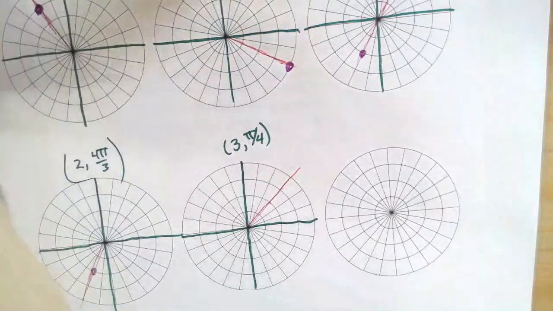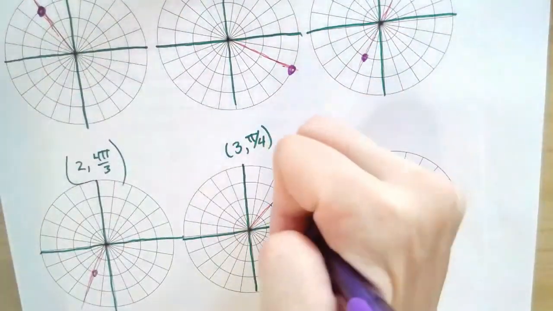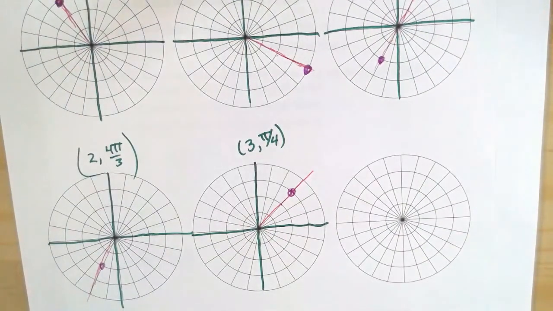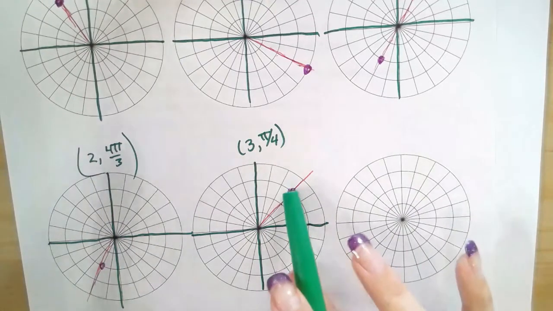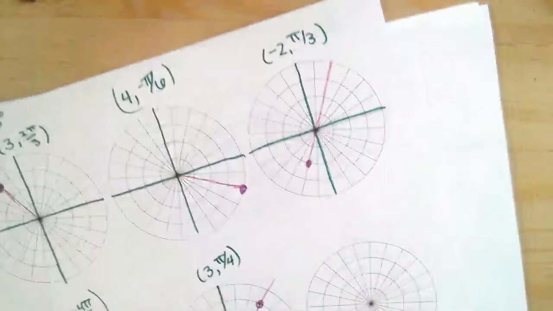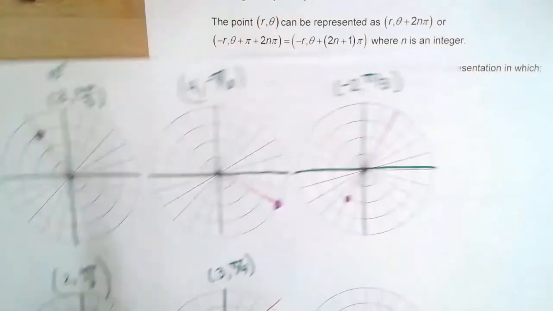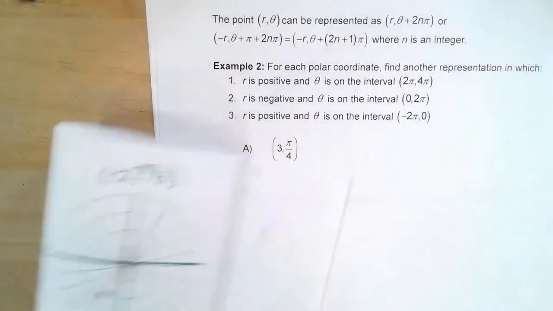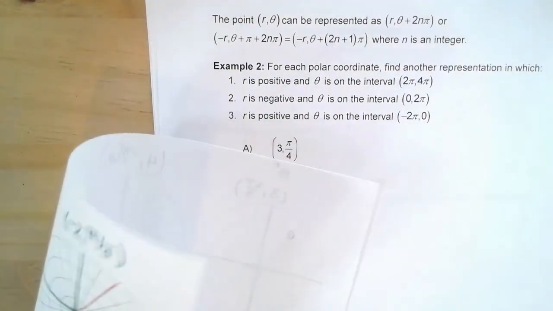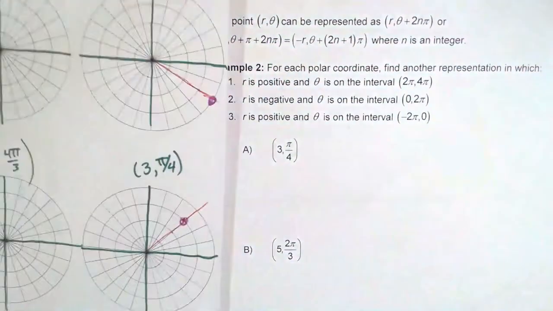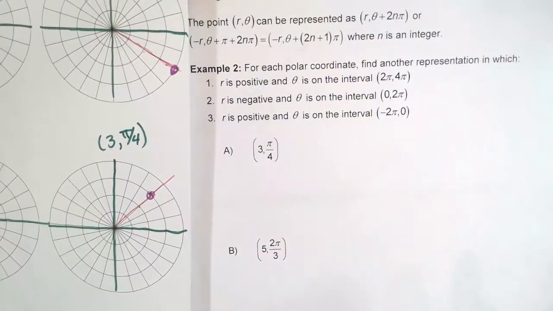Let me label that in purple to keep it consistent. And that is the position I want to be in. All right, so now let's make new coordinates that end up in the same position. So let's see what we have. Okay, it'd be nice if I can still, let me fold this, maybe we can get that one graph as I do the work. Oh, that works out pretty nice.